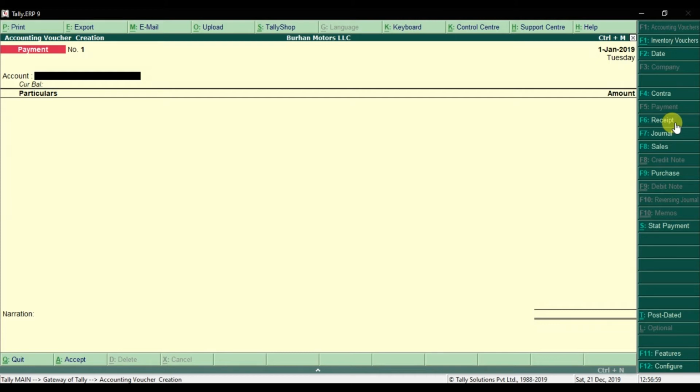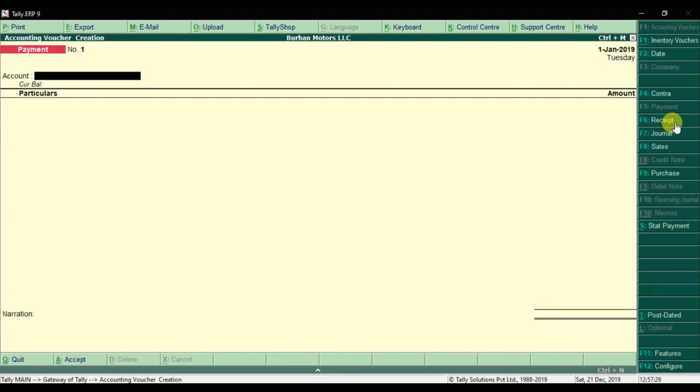If you have a cash deposit in bank, that is in the contra. But whatever you are receiving, like money from your customer, bank loans, interest income, that goes under F6, the receipt. Received from the sale of fixed assets, yes, receipt. You are receiving the money.